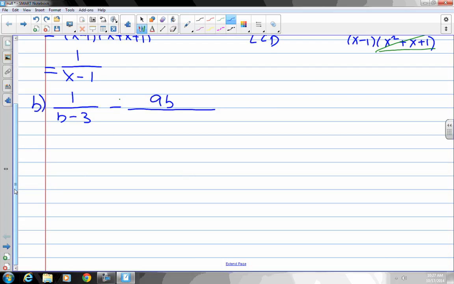Because 27 is a perfect cube, 27 is 3 cubed, so b is 3 right now. So using the difference of cubes formula, b cubed minus 27 becomes b minus 3 times all that wonderful stuff.